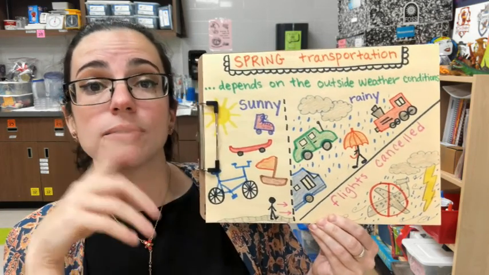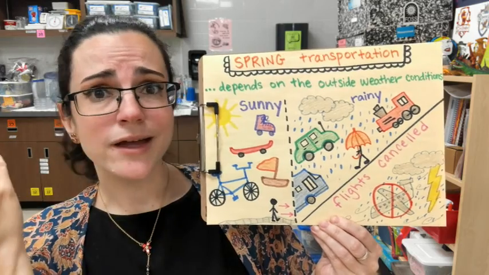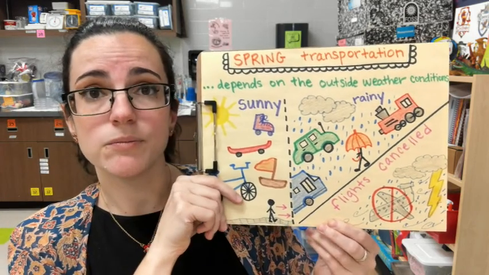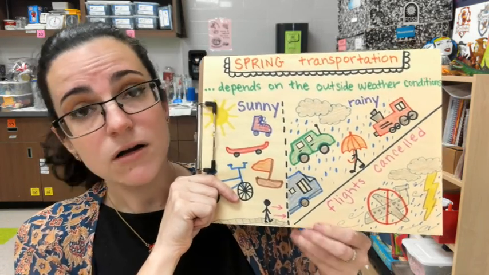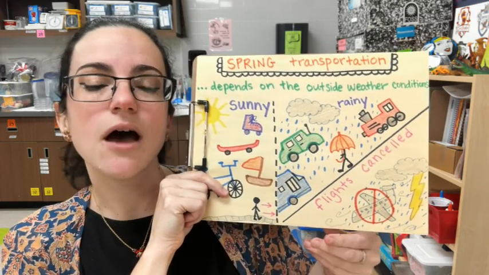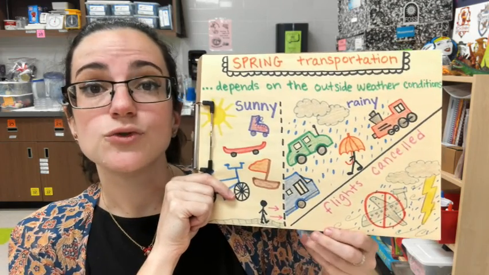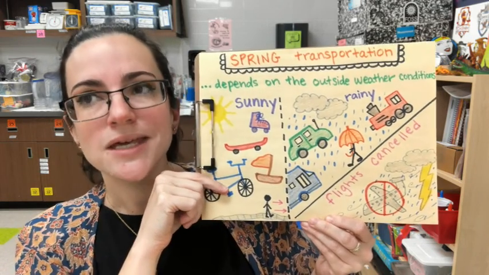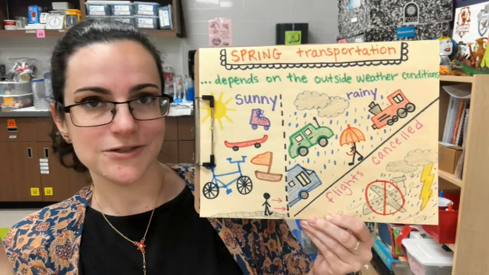So on a rainy day, we might have to go driving in a car or a bus. We might even have to take a train, just anything that is covered to keep us dry. Now, you can walk during a rainy day.